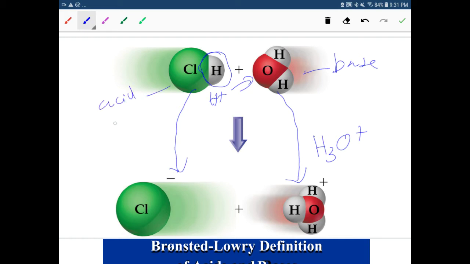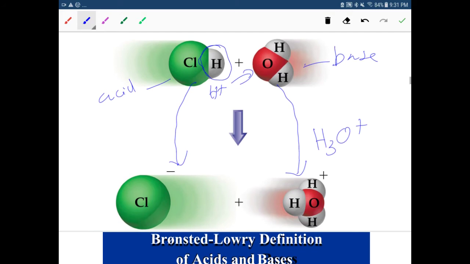And notice again, I'm looking only at the reactants, not the products. I'm not asking you to identify which one is the acid in the products or which one is the base in the products, because this is where the conjugate acid-base concept comes in. But just for simple identification, you look at the reactants and look at what happens to them after the reaction.